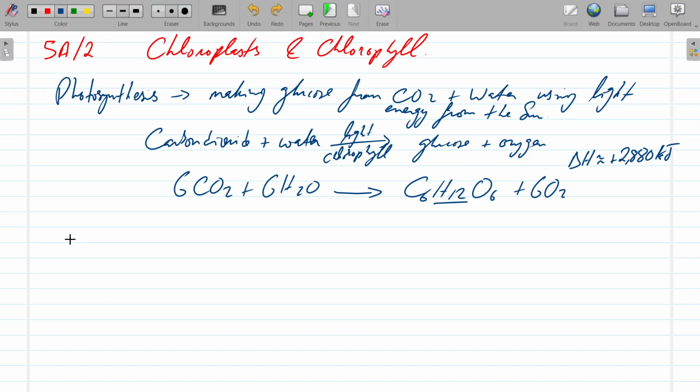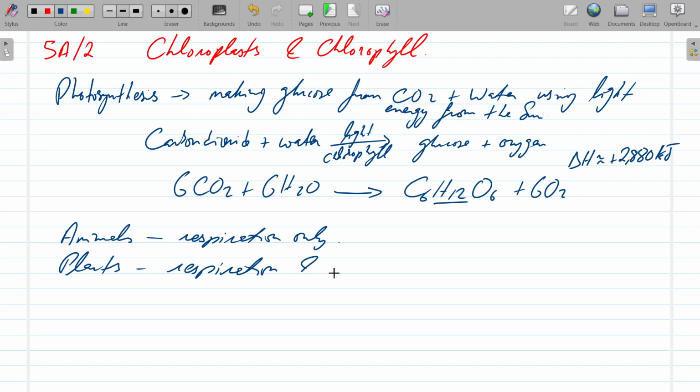No. In animals, respiration only, if you're talking about these two processes. Whereas in plants, you have respiration and photosynthesis happening.